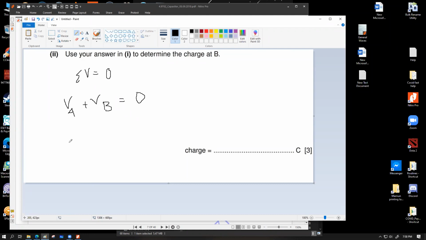So now how do you calculate voltage? K QA by RA plus K QB by RB should be equal to 0. Now you know the K value.